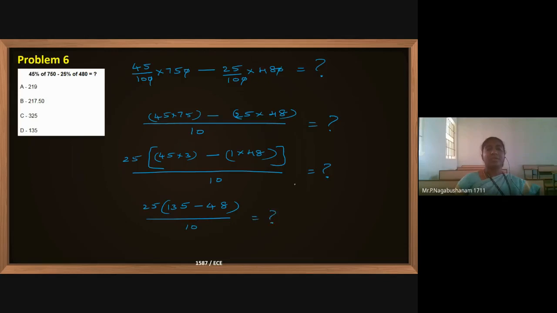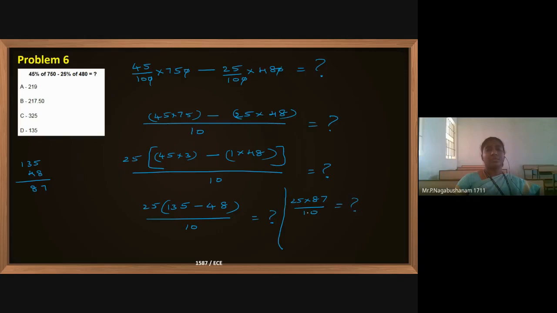Now if you subtract, 135 minus 48 is 87. So 25 into 87 divided by 10 is the question mark value.